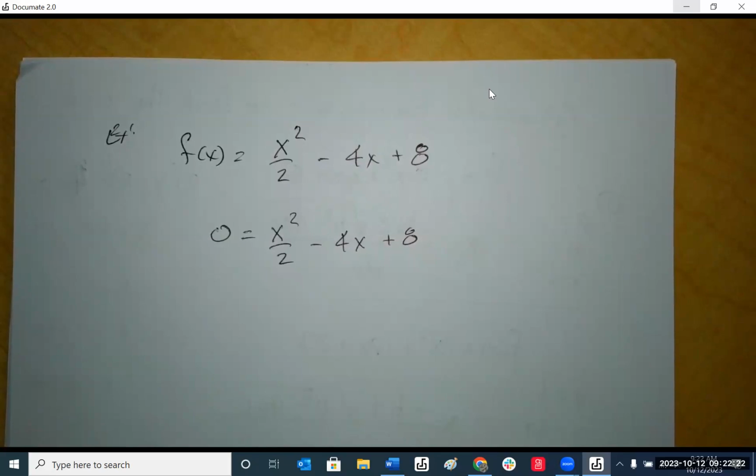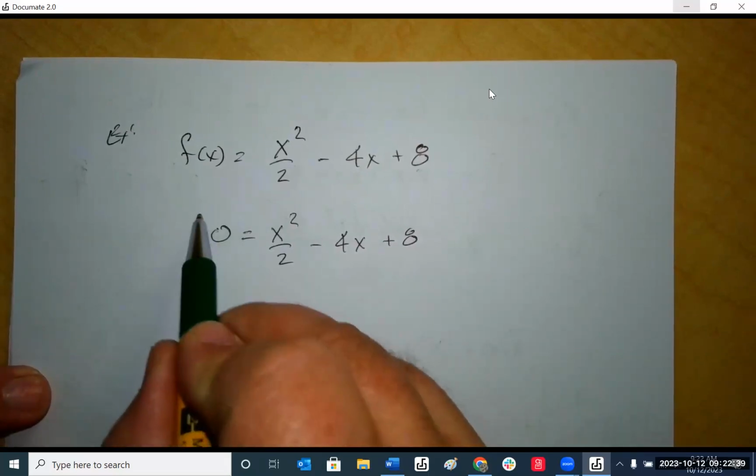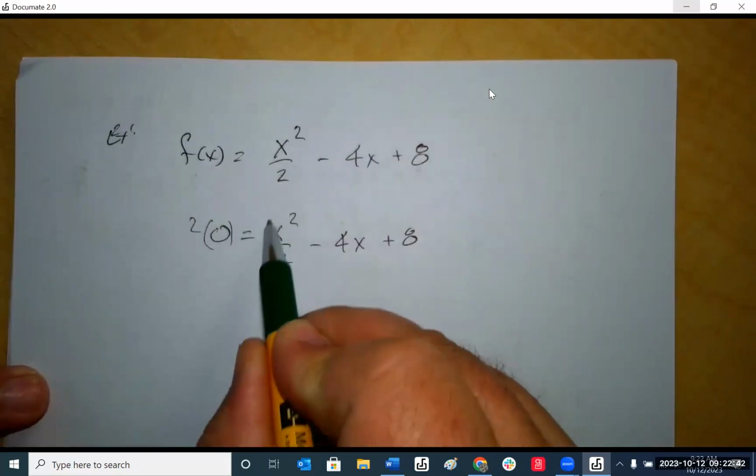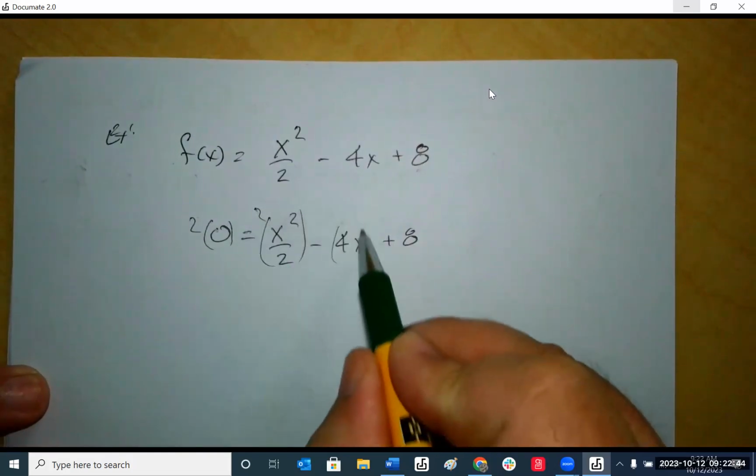Remember what I said in the second week of school: whenever you have fractions and an equal sign, always get rid of the fractions. What's the LCD in this example? 2. It's the only denominator. So multiply each term by 2.